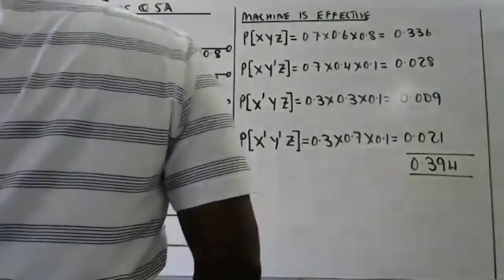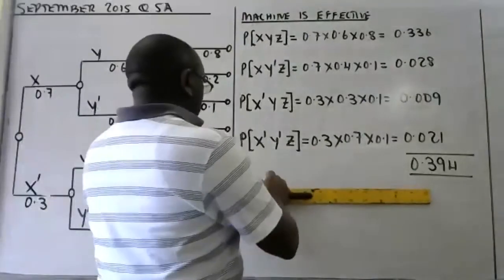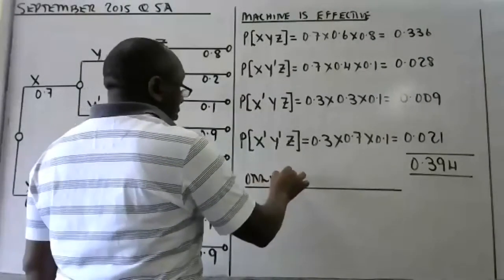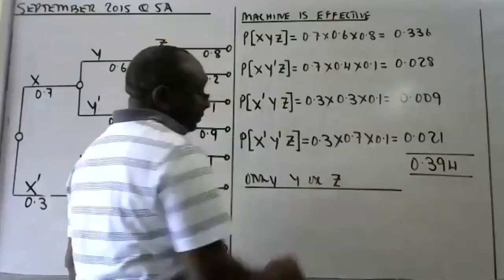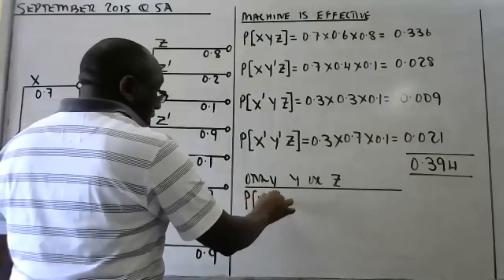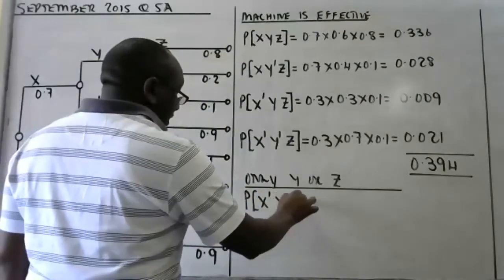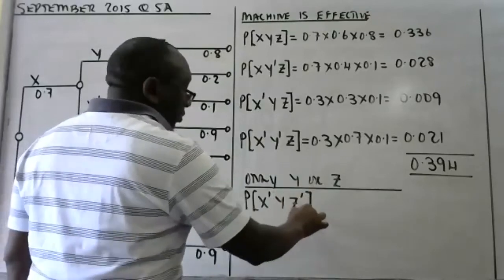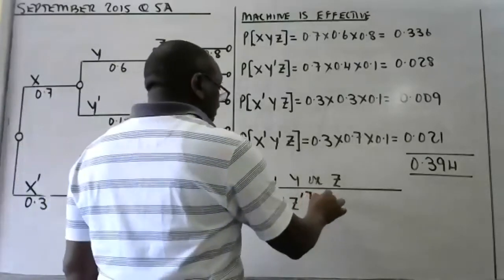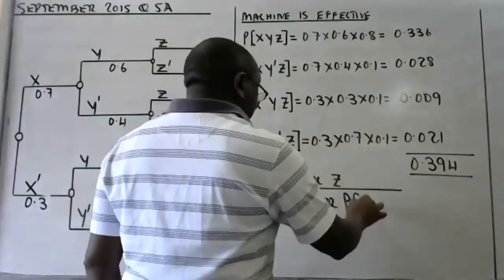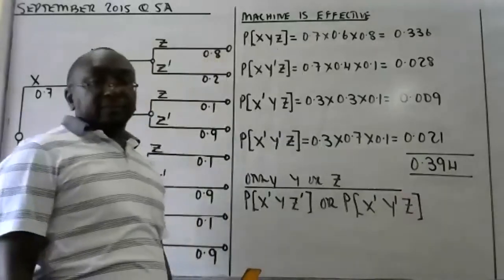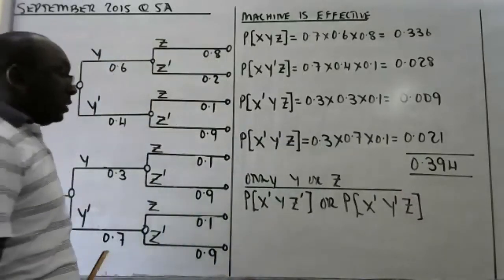So if you are told probability of only Y or Z working, it means that X has failed, but Y is working, Z is failed, because we just want one, just Y. Or probability that X has failed, Y has also failed, but Z is working. Maybe we are just one.